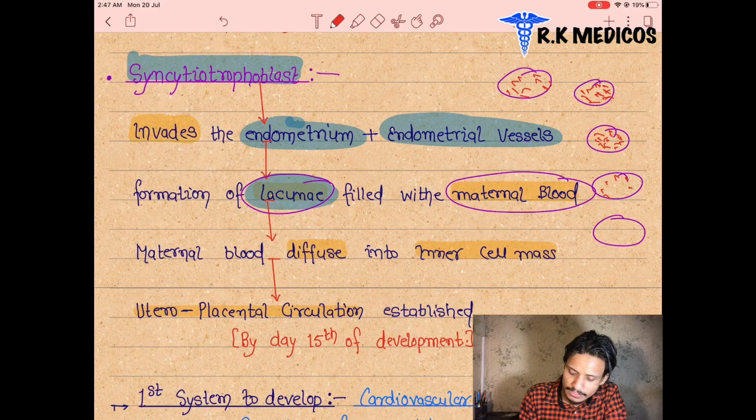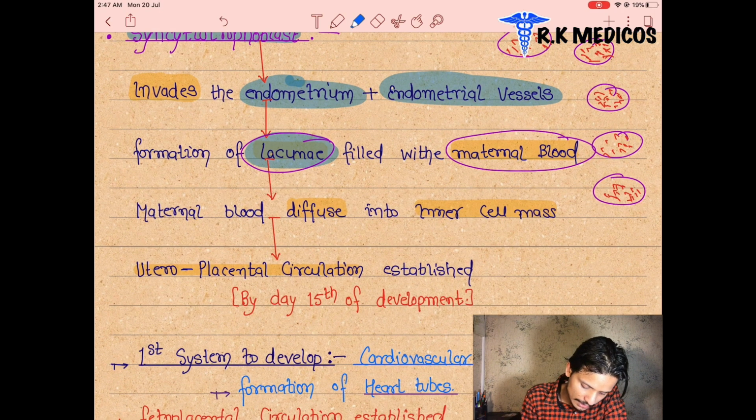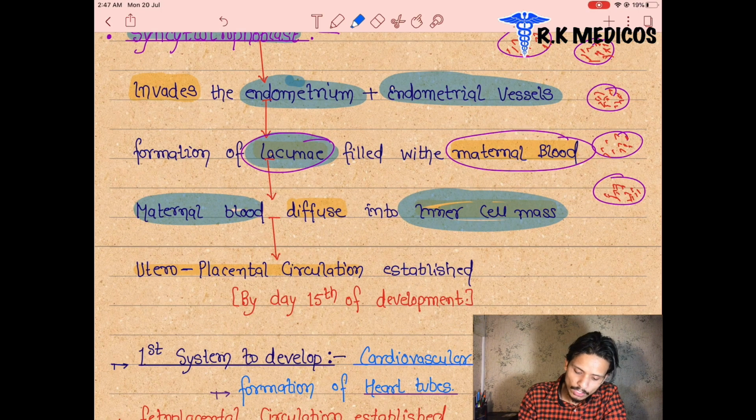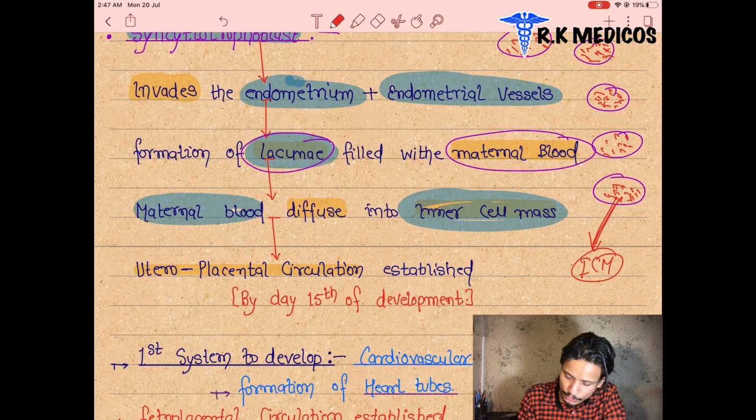We can see here these are the lacunae, and they are present in the syncytiotrophoblast layer, and they are going to nourish. In the next step, the maternal blood filled in these lacunae is diffused into the inner cell layer. These layers filled with blood move towards the inner cell mass, and the inner cell mass has two parts.